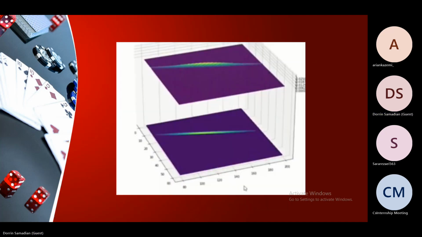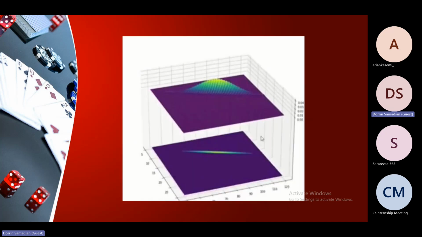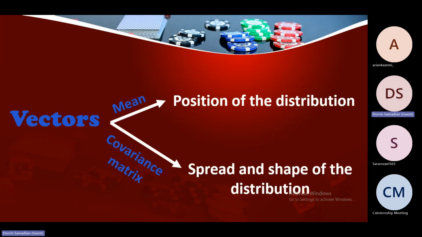So, what we understand from these examples is that if we keep changing the values of the covariance matrix, we are working on the position of the specific distribution.